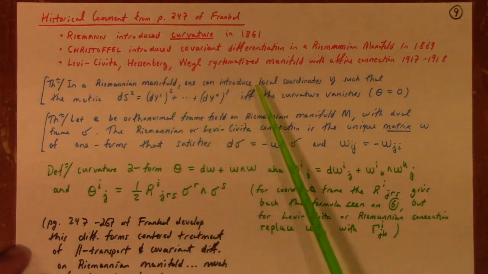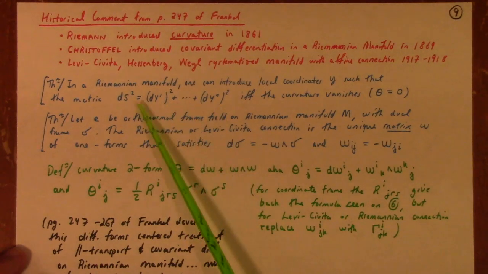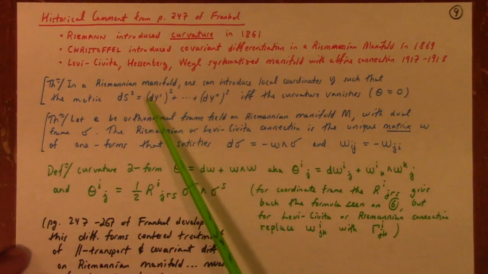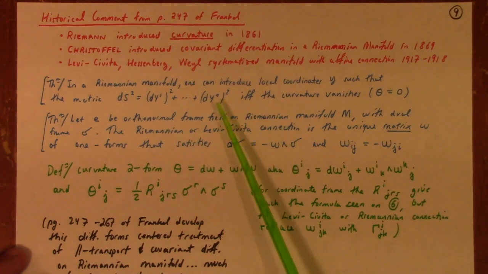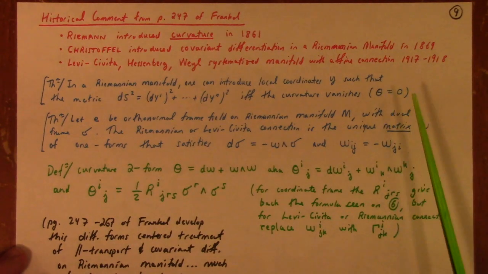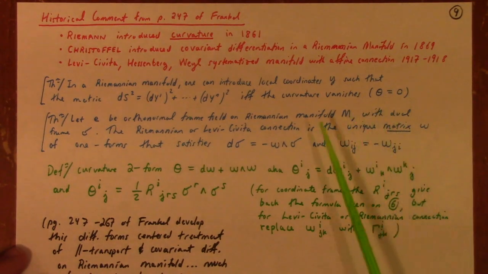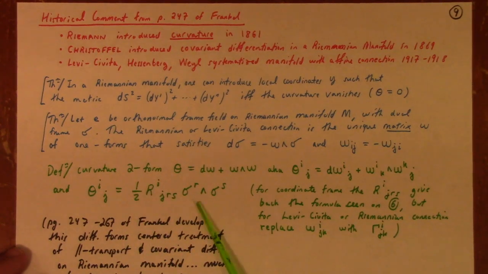Anyway, a few more things. In a Riemannian manifold, one can introduce local coordinates y such that the metric has constant coefficients, right? This is just basically the Euclidean metric. That's possible if and only if the curvature vanishes. Now here, theta is the curvature form, and here's the formula for it down here.